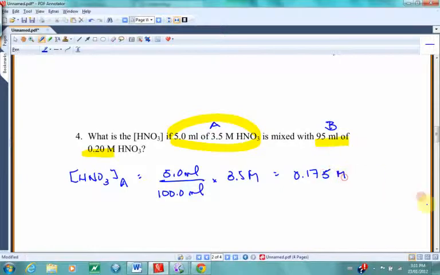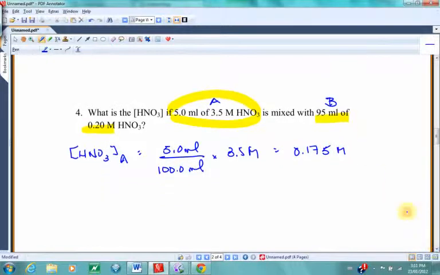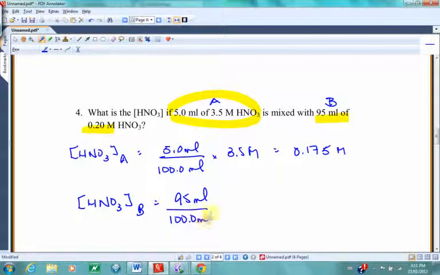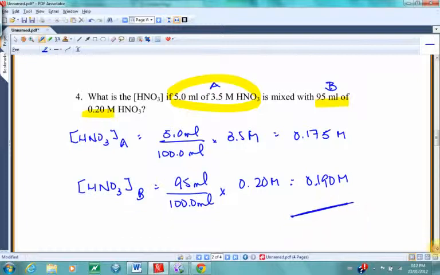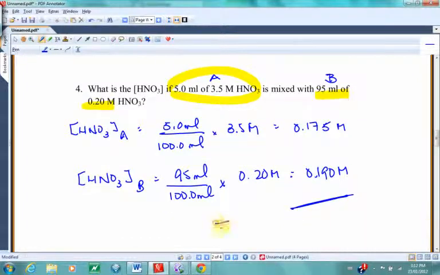In B, the nitric acid concentration is 95 milliliters over 100 milliliters times 0.20 molar, which equals 0.190 molar. We add it up and we get our grand total is equal to 0.365 molar.